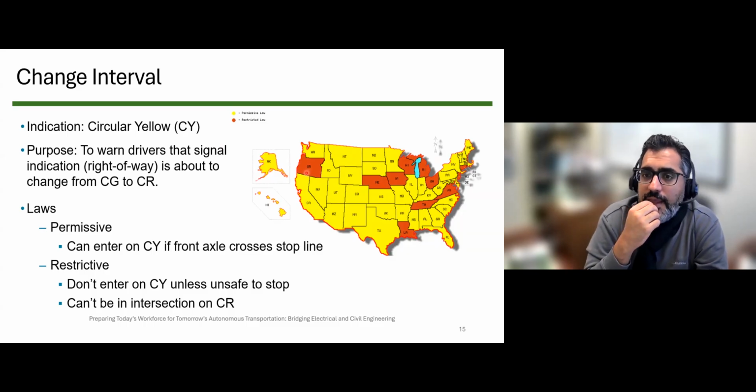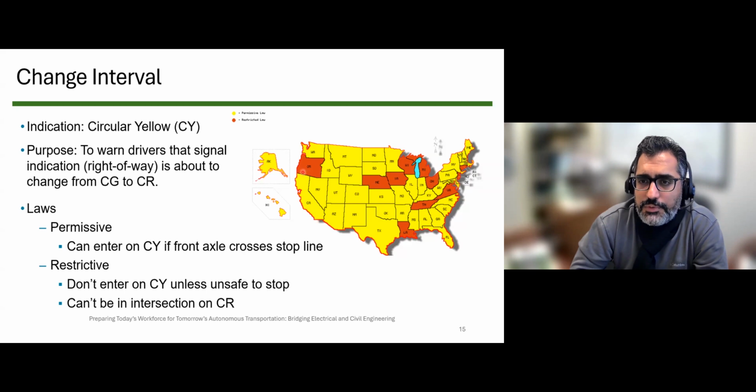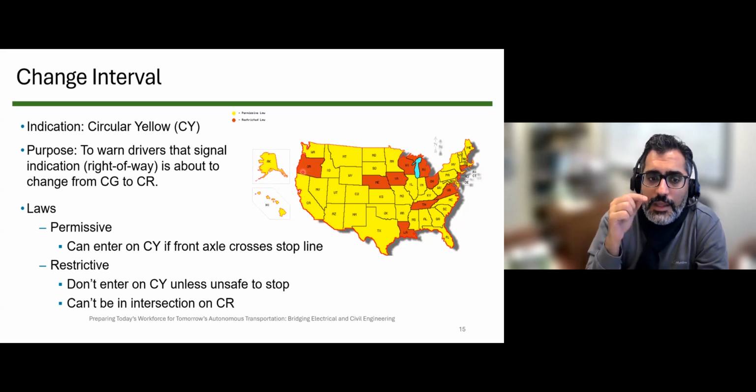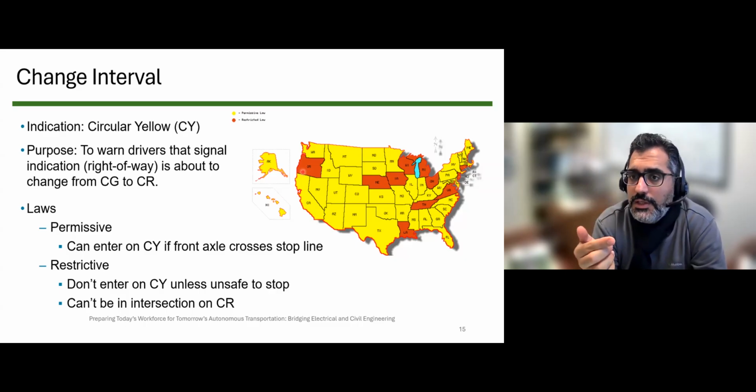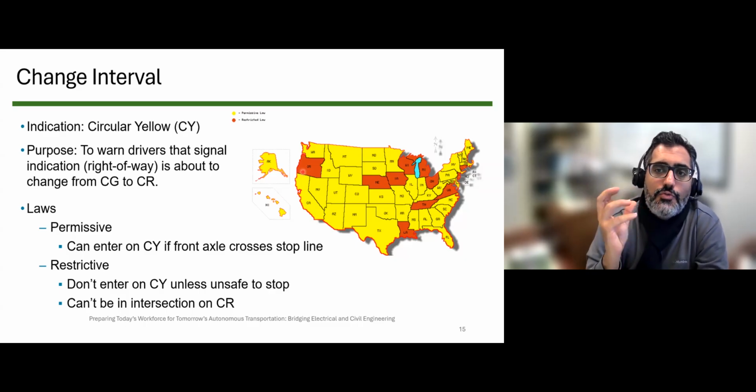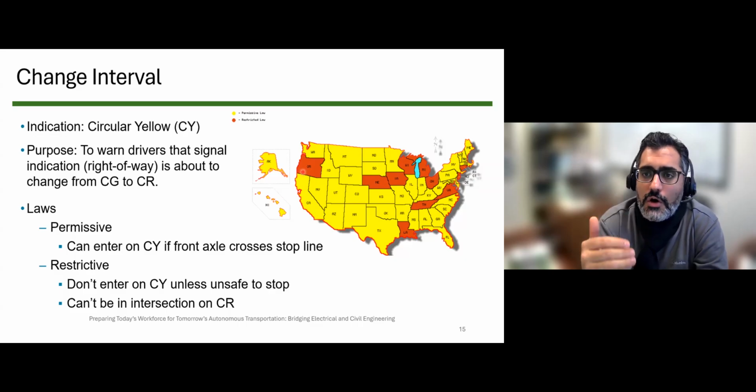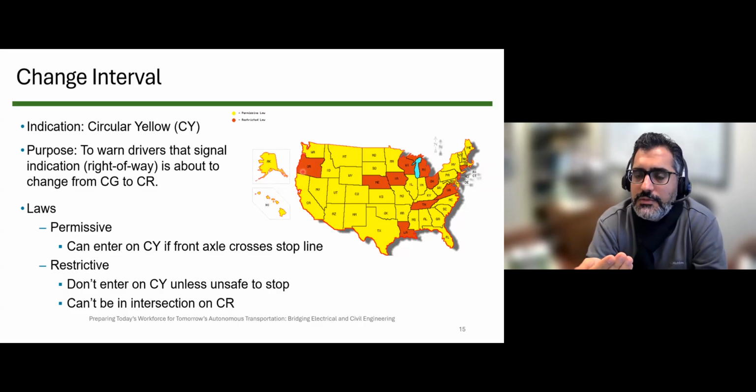What does that mean? If you are in California, as an example of a state with permissive yellow law, if you cross the stop line and you enter the intersection during yellow and the signal turns to red, you are on a legal movement.